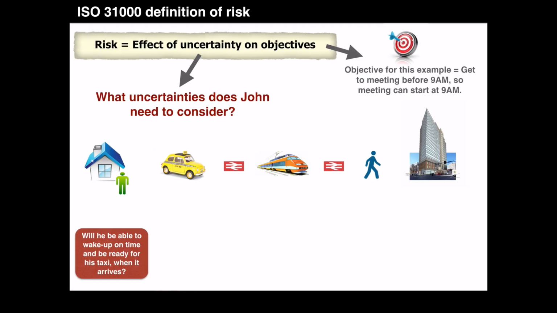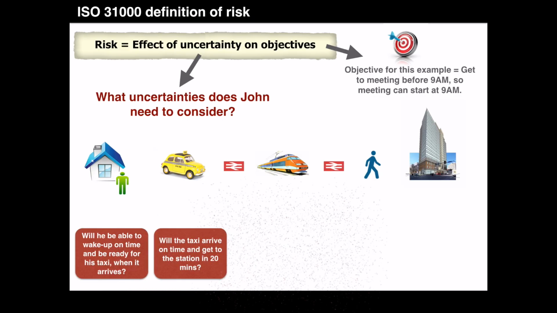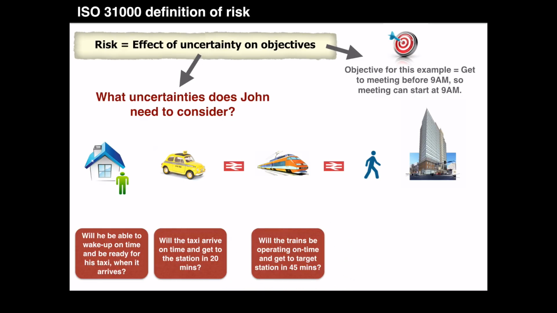Will he be able to wake up on time and be ready when his taxi arrives? Will the taxi arrive on time and get to the station in 20 minutes? Will the trains be operating on time and get to the target station in 45 minutes? And the last uncertainty is on whether he will be able to walk from the station to office in 10 minutes.